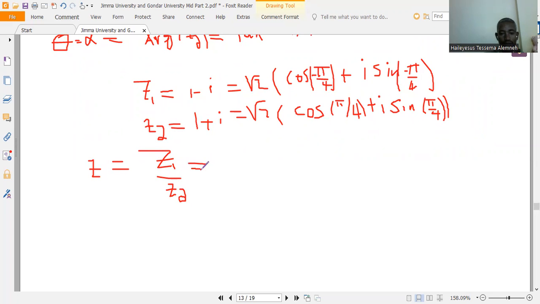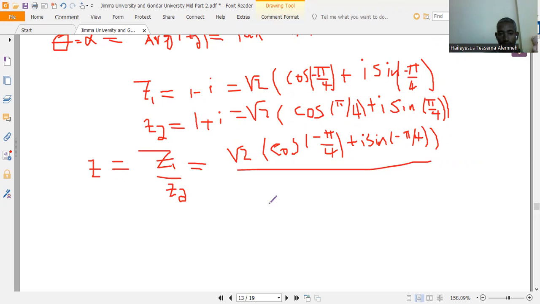Polar ደግሞ እንዴት ነው የምናገኘው? z1 over z2 ነው። ስለዚህ square root of 2 times cos minus pi over 4 plus I sine minus pi over 4, over radical 2 times cos pi over 4 plus I sine pi over 4.